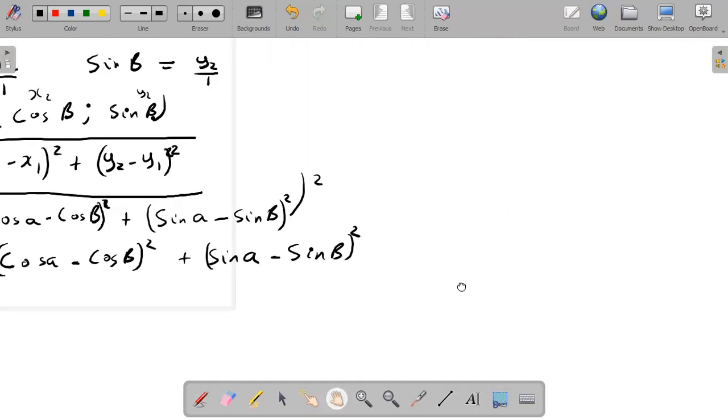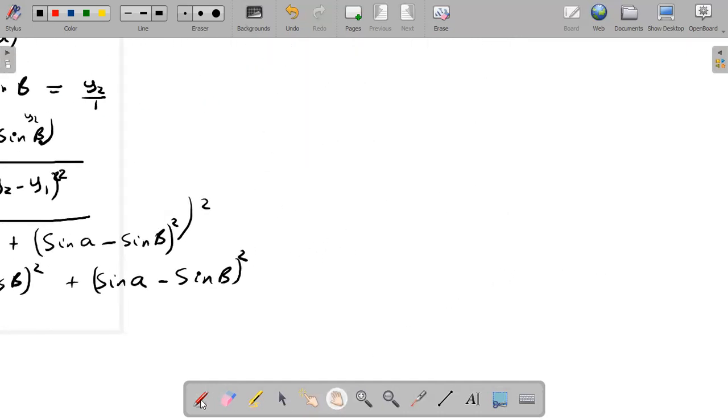I'm just going to quickly explain here how we can expand quickly by inspection any quadratic perfect square. For example, x minus y bracket squared: we expand it directly as x squared minus 2 times x times y plus y squared.